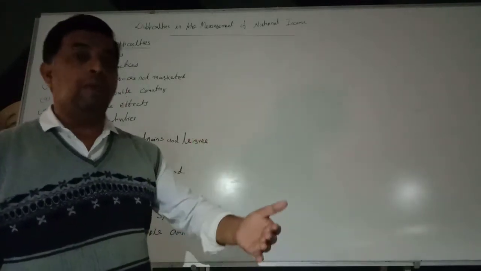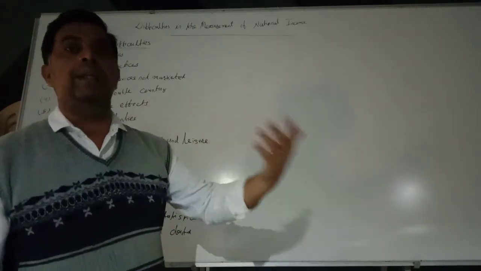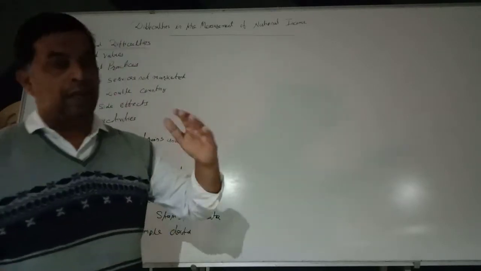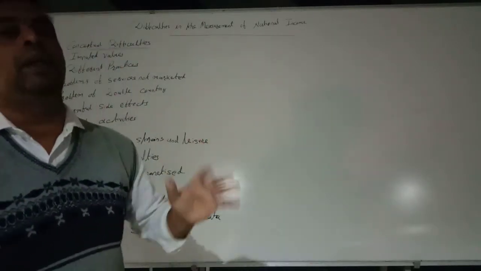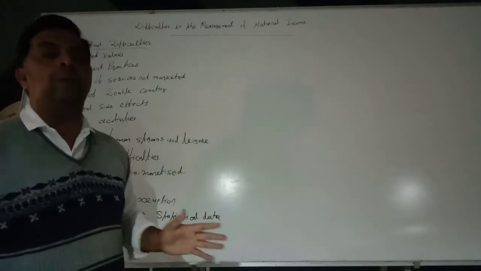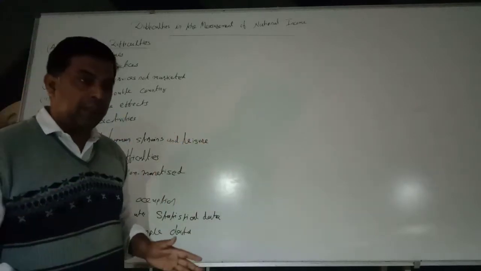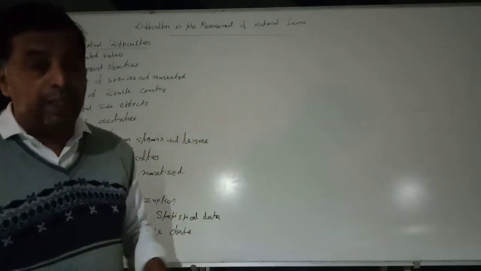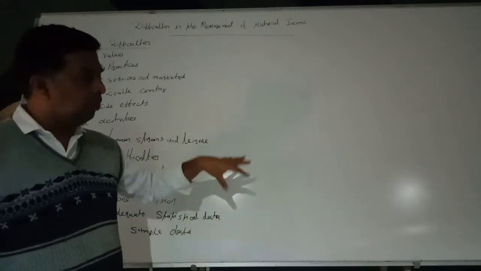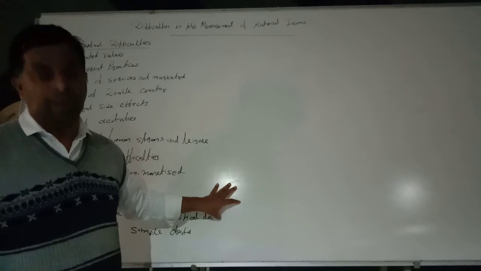When the owner of the company himself works as a manager of the company, or he has provided land for the factory site, he has invested his own capital in the company. So these kinds of costs are not recorded in the books of account. Okay, but they are costs. They are considered as imputed value. Okay, these values are not recorded. So yeah, this is the first difficulty in national income.